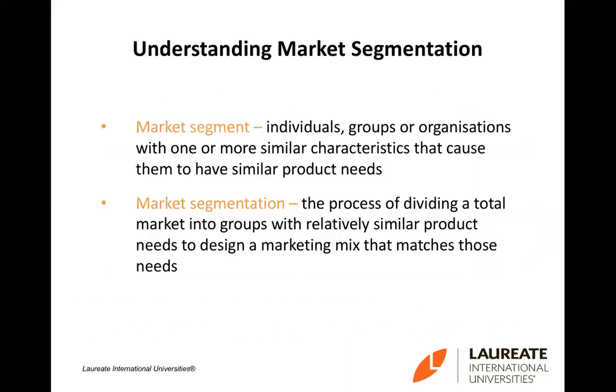All right, now let's look at the next thing, which is basically about the segmentation. The segmentation actually reflects the process of dividing a total population into smaller market segments. So if we have, let's say, a large population here, Australia population, we can divide them into smaller market segments.